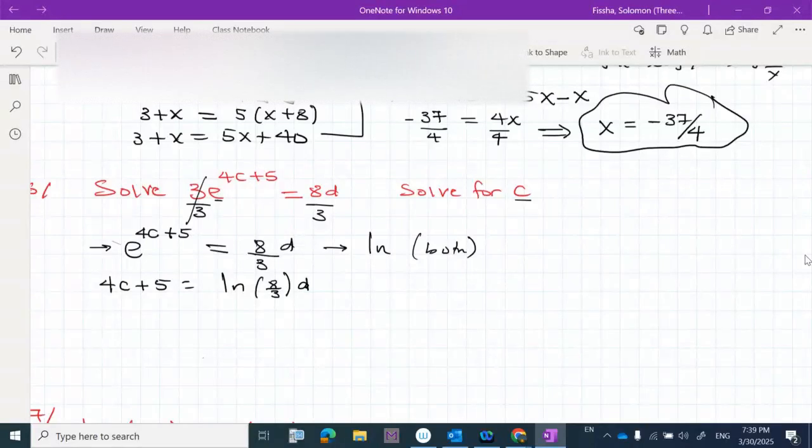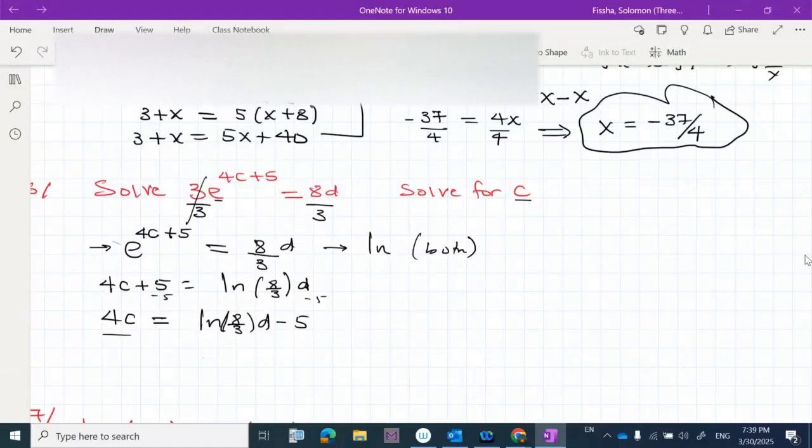Now remember I'm looking for c, so I have to subtract 5 from both sides. So this leaves me with 4c equals ln of 8 thirds d, minus 5.